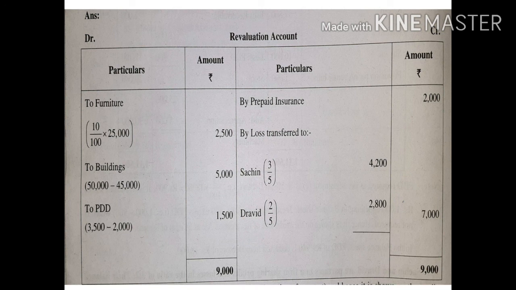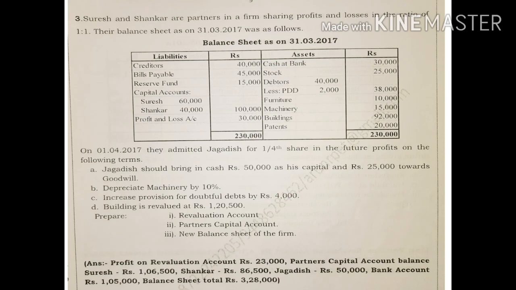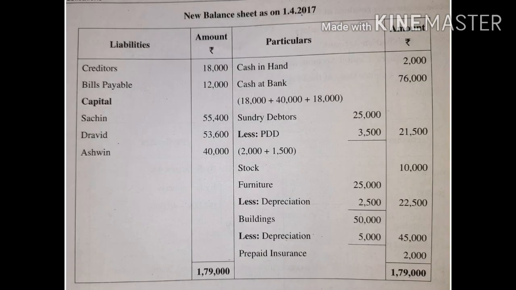Yes, there is one current asset, prepaid insurance. I told that while explaining. We have to consider this current asset in the balance sheet also. So here, prepaid insurance 2,000. So these are the informations we have to consider in the new balance sheet.